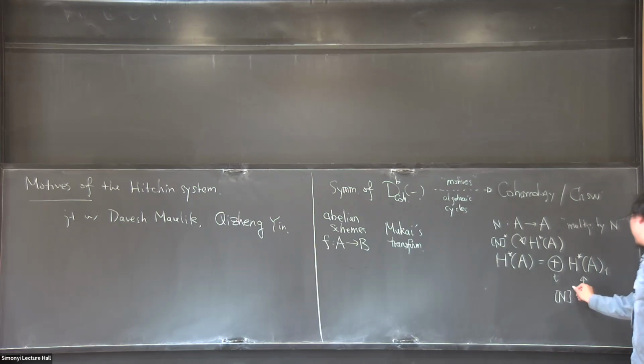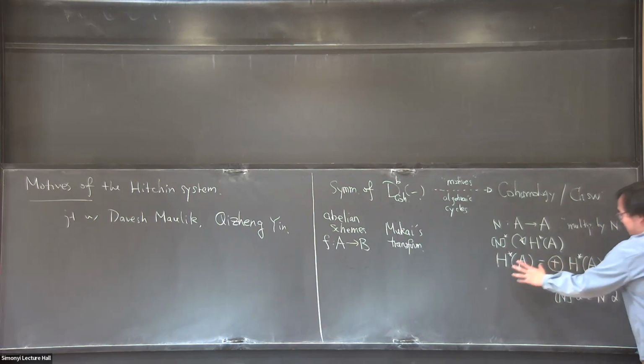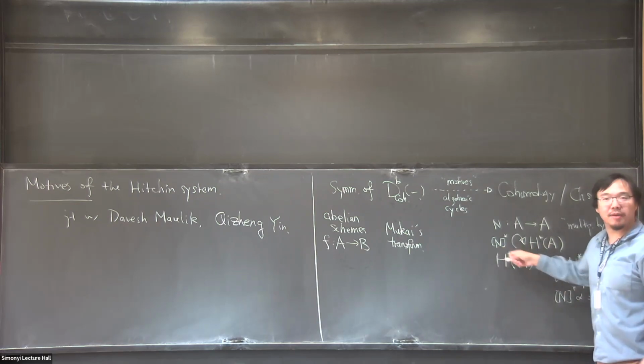So you pull back along the multiplication by n, and it's given by the weight i. Alpha is a weight i eigenvector. This is a decomposition which depends on n, but it turns out that it does not depend on n.